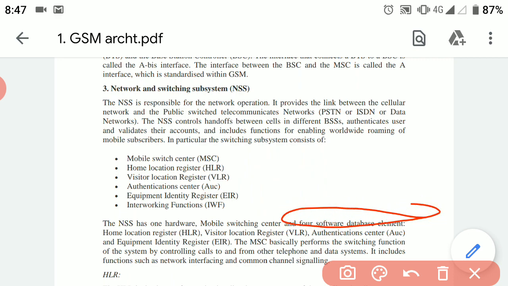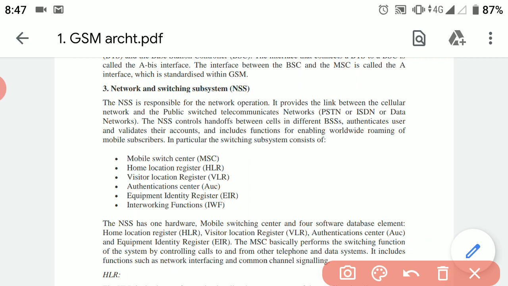These 4 databases are the home location register, visitor location register, equipment identity register, and authentication center. These are the databases used in the network and switching subsystem.